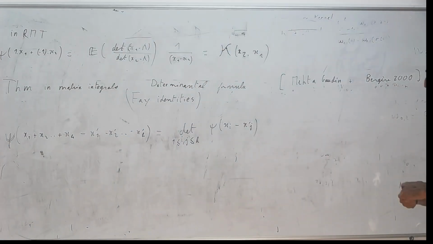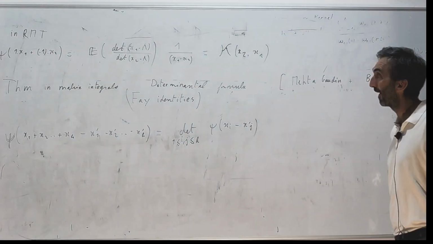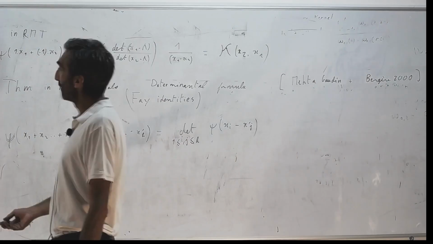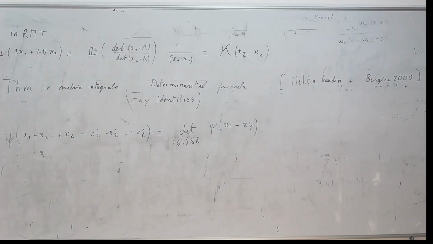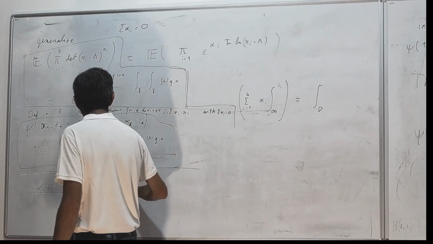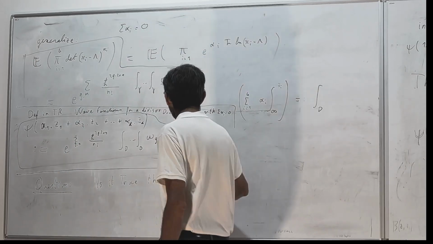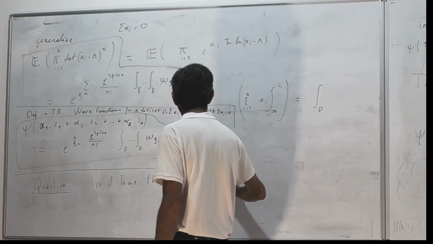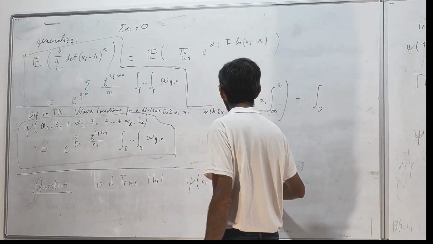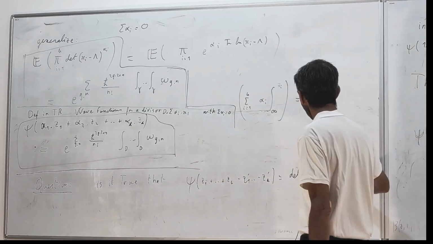But the question is, could this hold for general spectral curves that don't come from matrix models? Can this be true in general for arbitrary spectral curves if you define the psi in this way? So the question is, is it true that psi of z1 plus zk minus z prime 1 minus z prime k equals determinant of psi of zi minus z prime j?